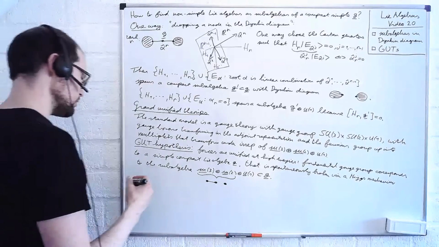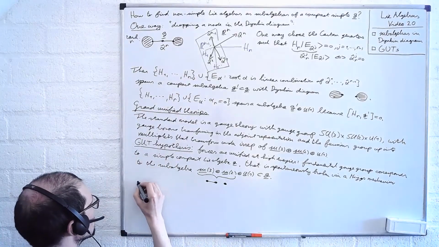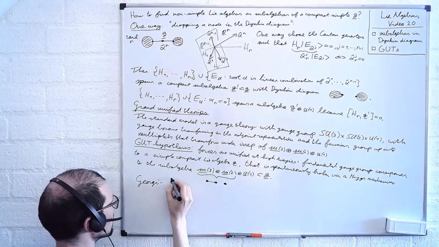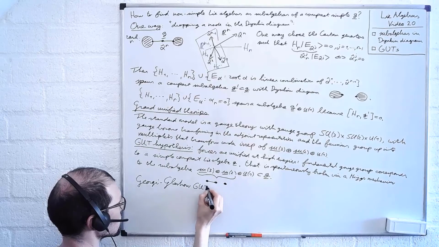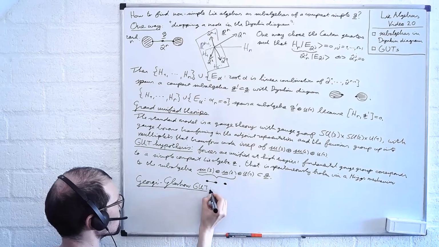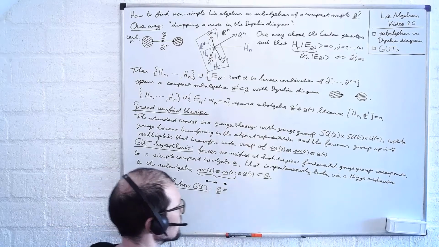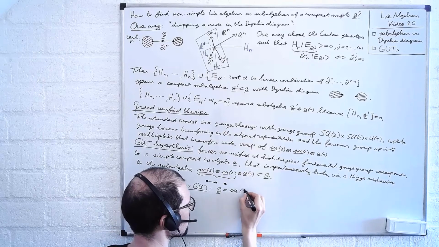And the simplest choice is the following, and this is called the Georgi-Glashow GUT. It takes this more fundamental gauge group to be SU5.